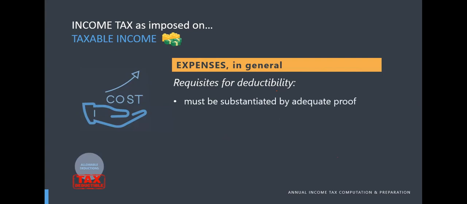Another requirement is that it must be substantiated by adequate proof. By adequate proof, it means that it should be substantiated by official receipt for the performance of services and sales invoices for the sale of goods or properties. So under the memorandums issued by the BIR, there are actually two kinds of substantiation, the primary and the supplementary.